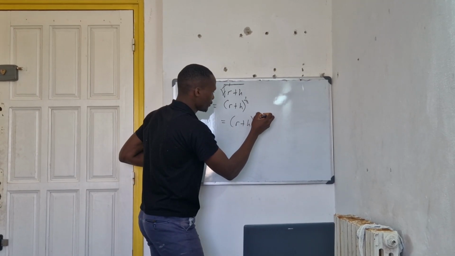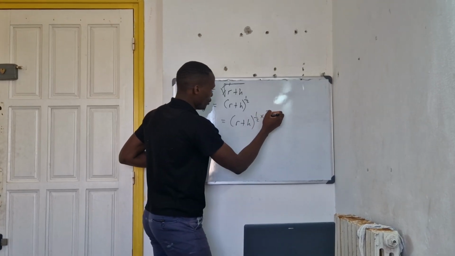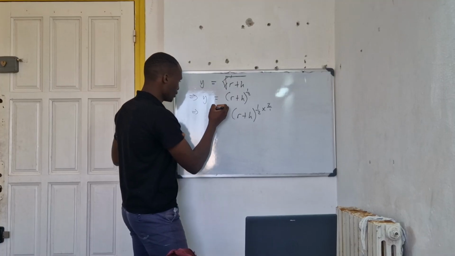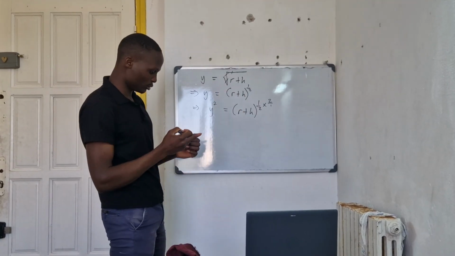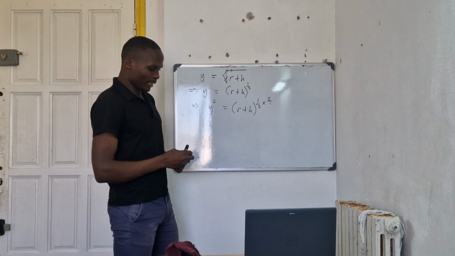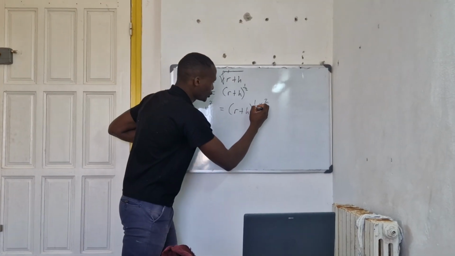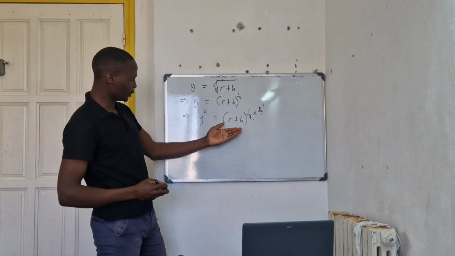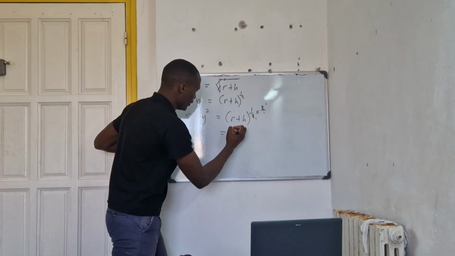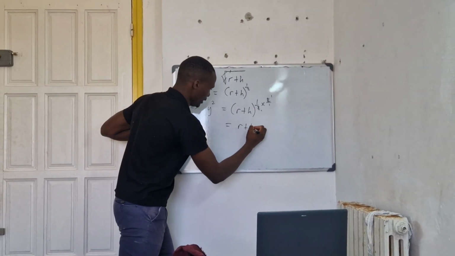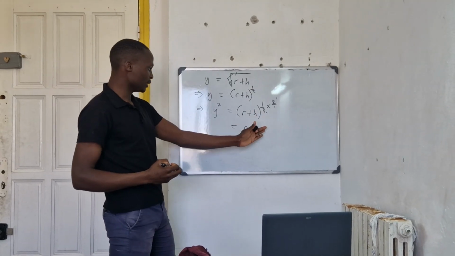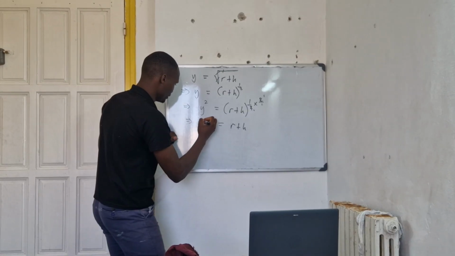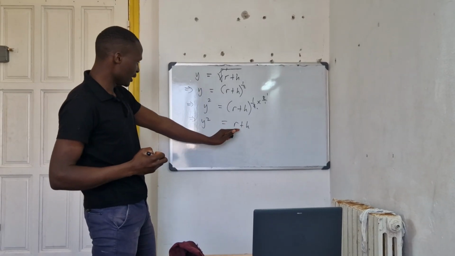The inverse of this power is 2 over 1, or the power 2. 2 over 1 is equivalent to 2. Then after writing this, we can actually cancel this one and this one, like this. So here we don't have a power, so it's like r plus h. Since the power is now 1, we can leave it. Then which is equal to y squared. So y squared is equal to r plus h.